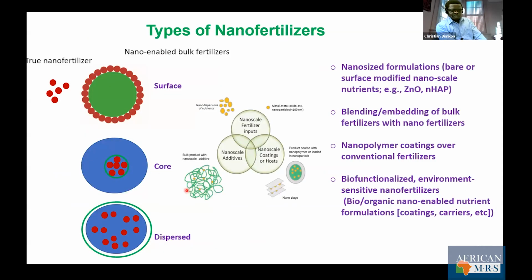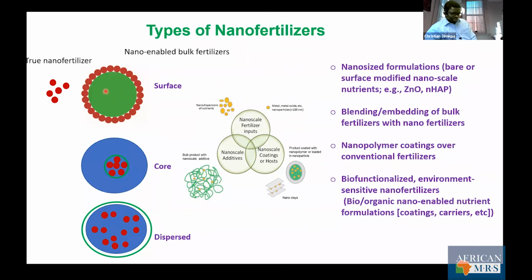So this is just a cartoon of types of nanofertilizers that can be produced. You can decide to produce just your simple true nanofertilizers. This can be like nanophosphorus, it can be zinc oxide nano, it can be ammonium nitrate nanoparticles, and use them directly as nanoparticles. However, another way may be to produce nano-enabled bulk fertilizers. So you take your nanomaterials and you formulate them on top of a bulk material.